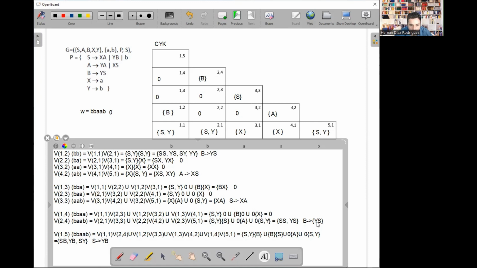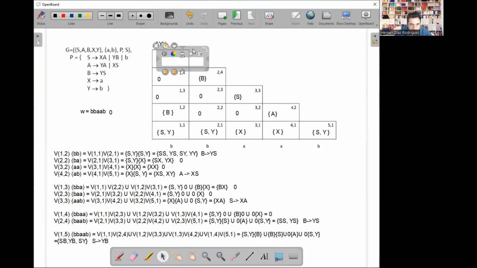So we go to, sorry, I need to remove these brackets here. Okay, so we go to the first cell, and here, right, you can see how the initial symbol of the grammar can generate the full word. So in this case, we are already done.